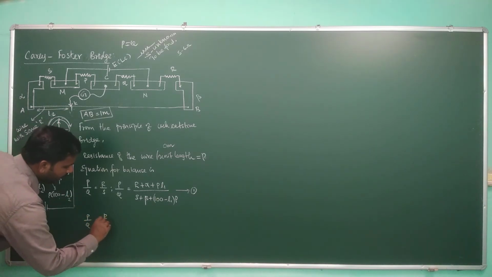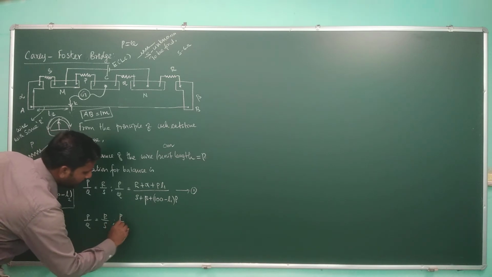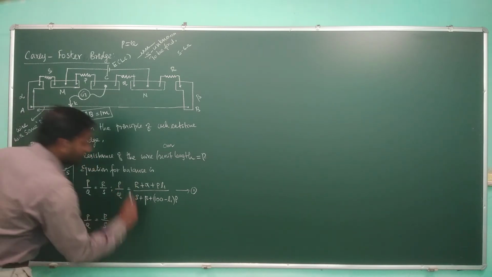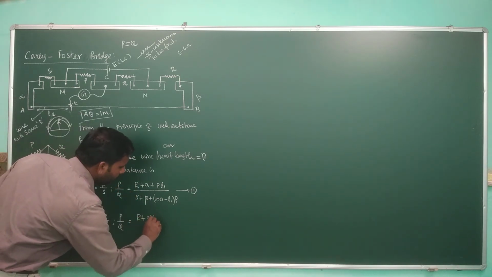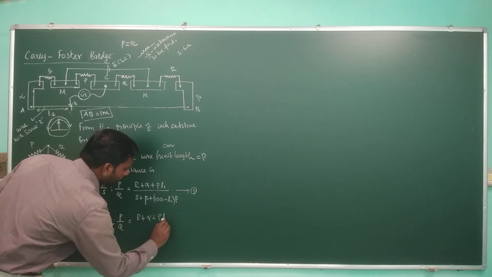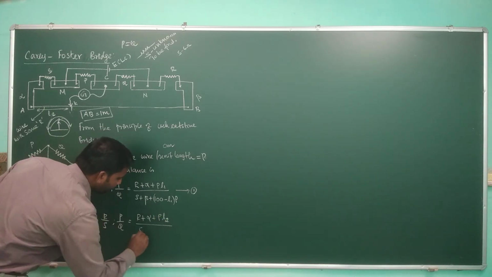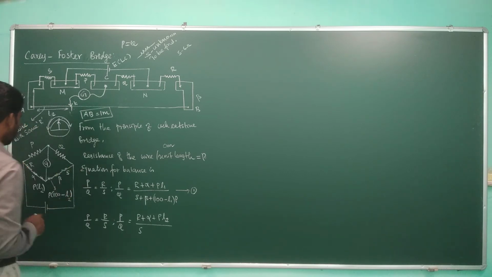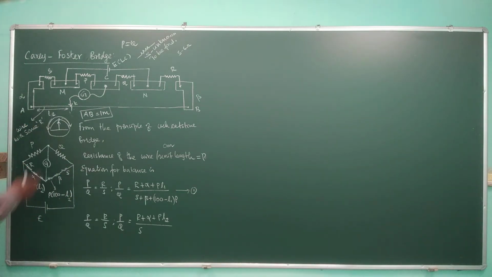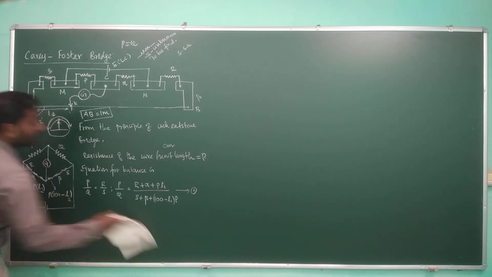Fine. So if you write that equation, P by Q will be R by S. So in that case, P by Q equal to, you just replace R plus alpha plus rho L2 by, no, there is one small difference. In the second case, hold on a minute.